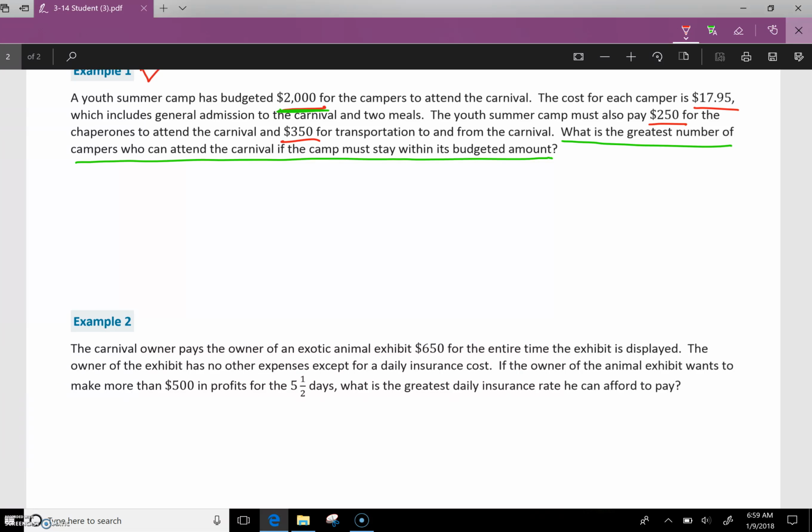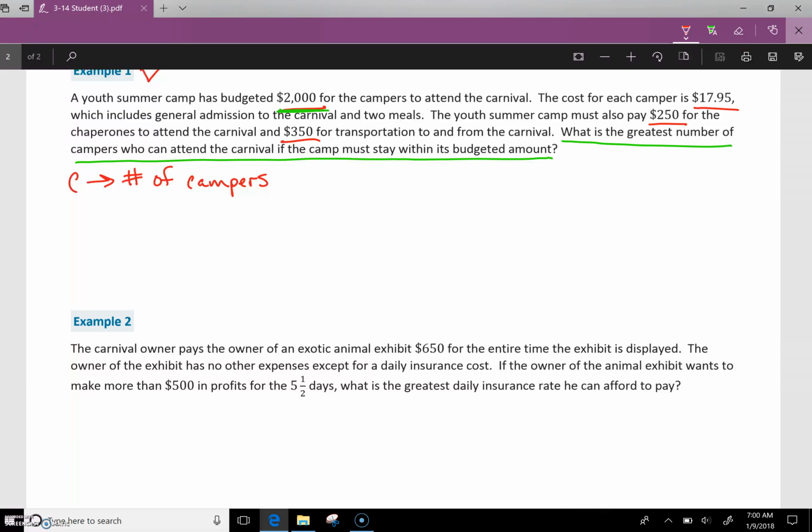We're going to start off with what we don't know. What's our variable? Our variable is going to be C. It's going to stand for number of campers. It's our unknown. We're going to build 2 expressions. So first of all, what do we know?